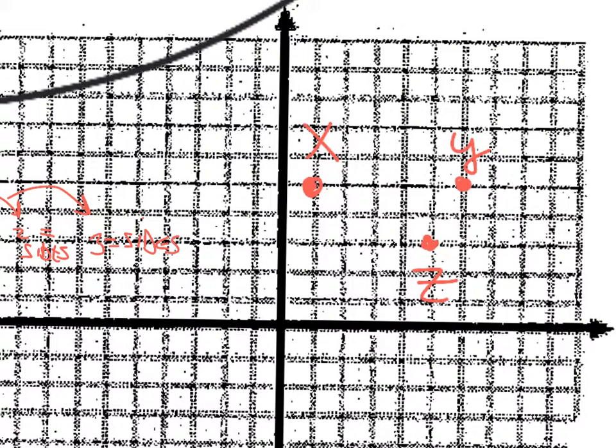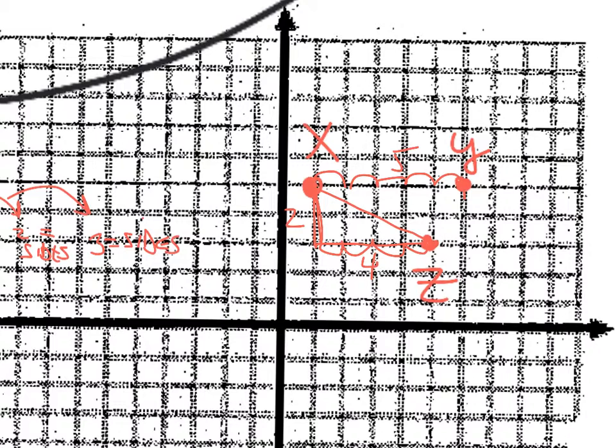So the length of XY, well, we could just count that. That's 1, 2, 3, 4, 5. So the length of XY is 5. To figure out the length of XZ, that's in a diagonal, so that right triangle is 2 by 1, 2, 3, 4. 2 by 4.